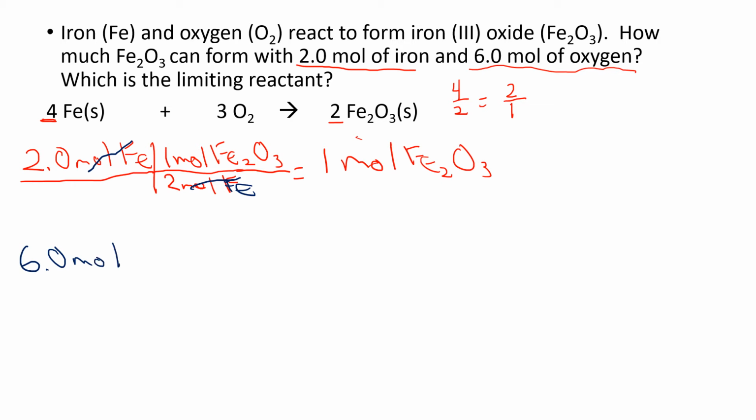So let's start with what we know. We're starting with 6 moles of oxygen, and now we're going to use the molar ratio between oxygen and iron 3 oxide to figure out how much iron 3 oxide we can get from this amount of oxygen.